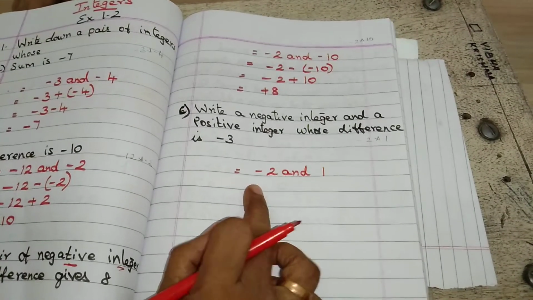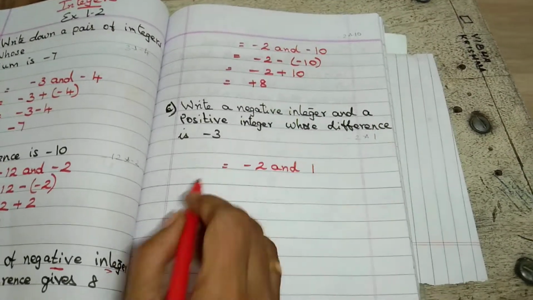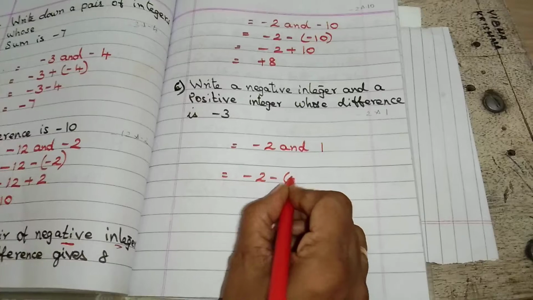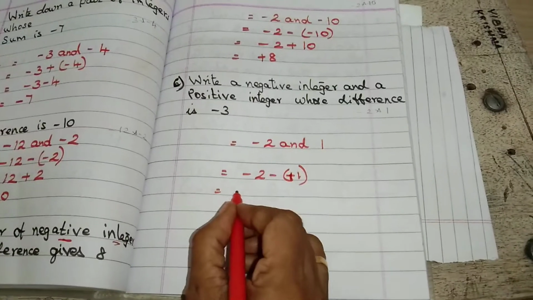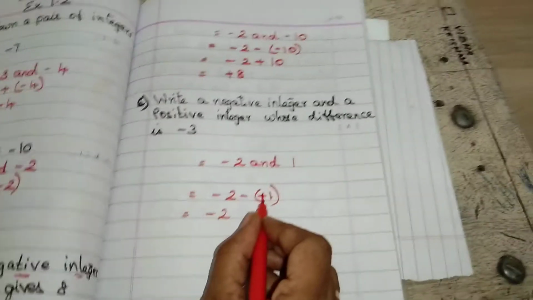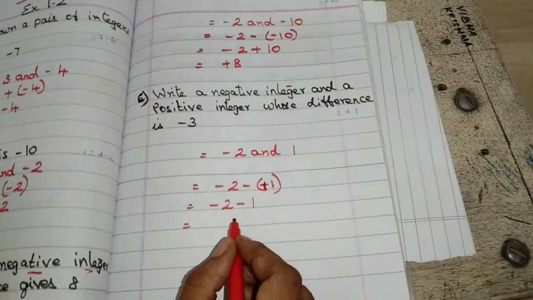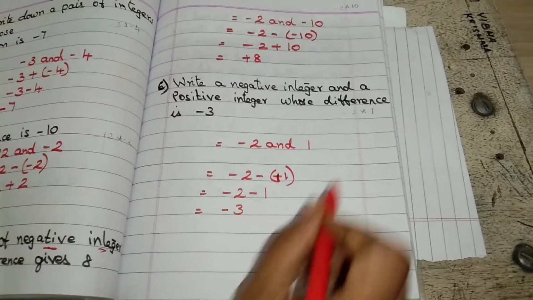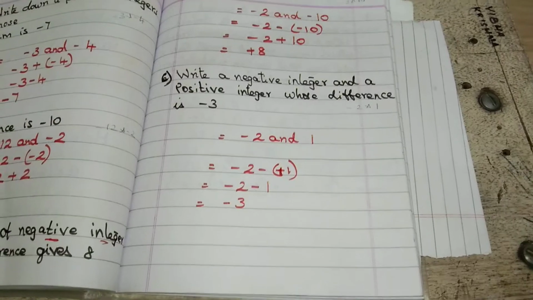This is a negative integer and this is a positive integer. I am going to find the difference. So minus 2 minus of plus 1. Now minus 2, minus into plus, minus 1, which is two numbers with the same sign, add and put the same sign. So my answer is minus 3.